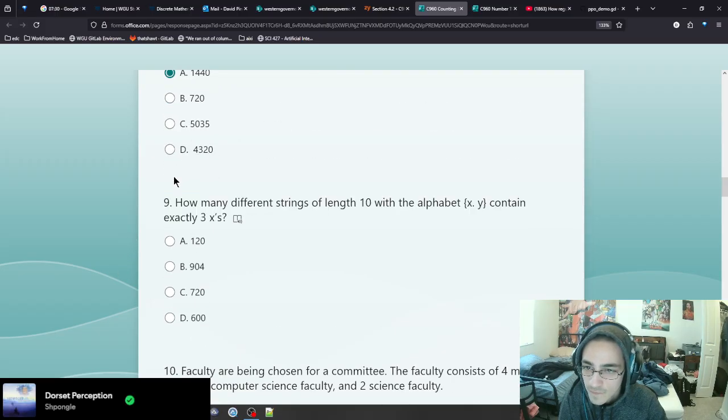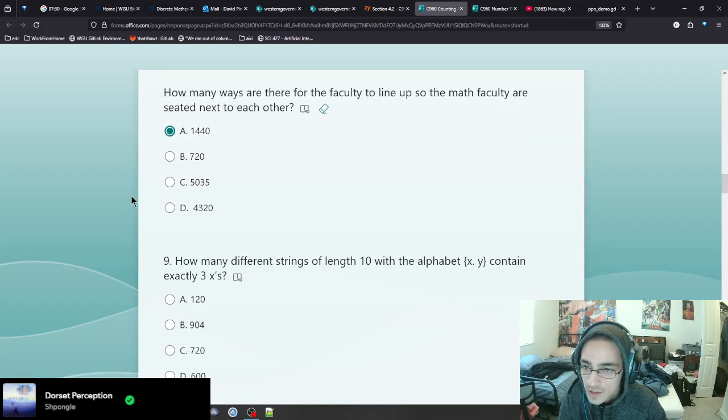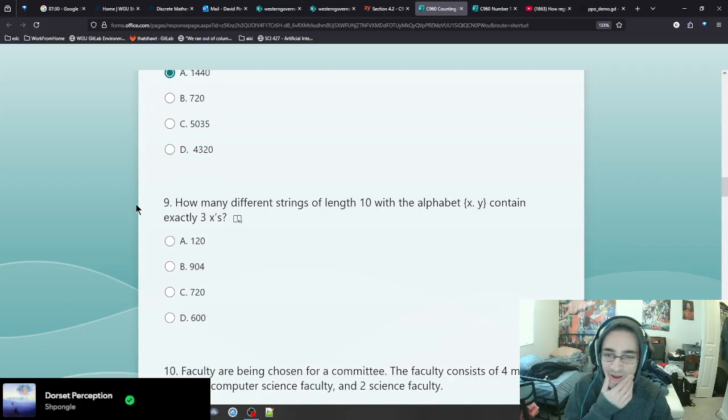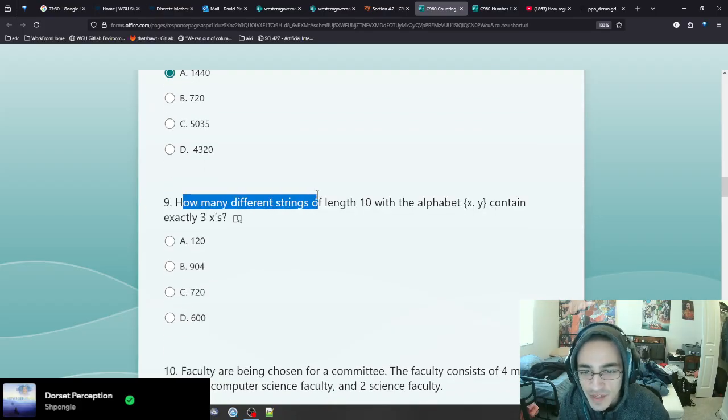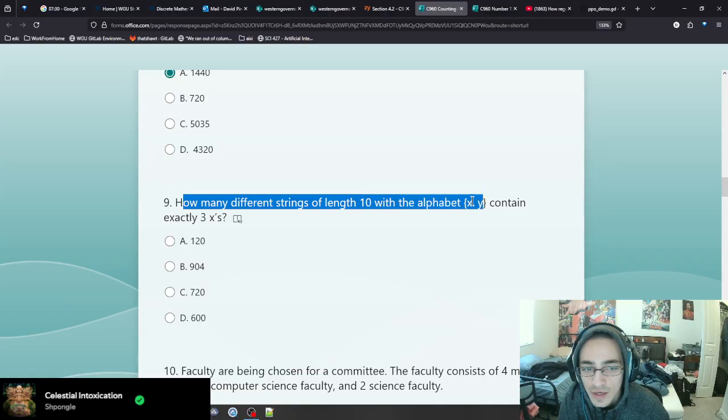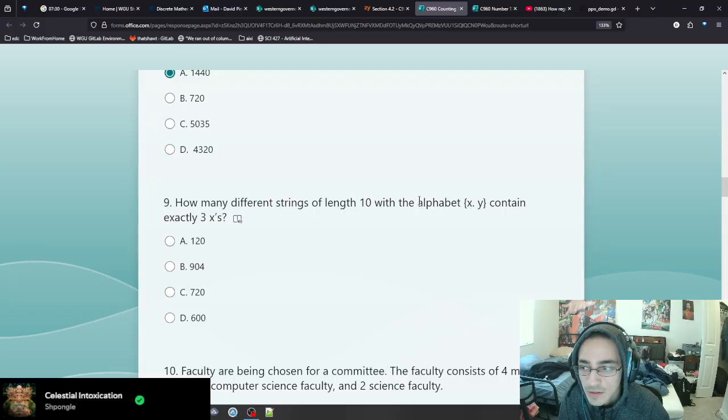This one looks kind of weird. 4, 3. Where does that 3 come from? Nah, I'm joking. Alright, how many different strings of length 10 with the alphabet X, Y contain exactly 3 X's?